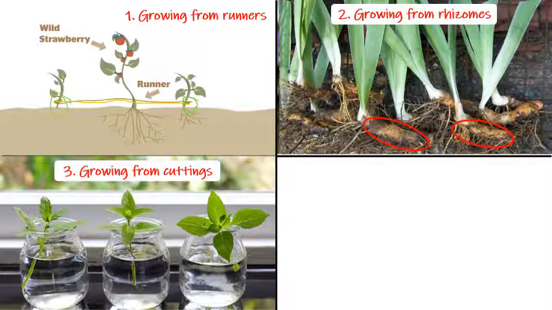Another type of vegetative reproduction is growing from cuttings. Some plants can be reproduced from a cut-off piece of stem with a few leaves. We put a piece of the stem with some leaves, and when the cutting is placed in soil, it grows into a new plant, like the geranium plant, or in this case, we can see the mint plant.